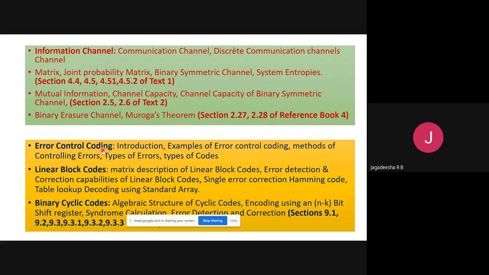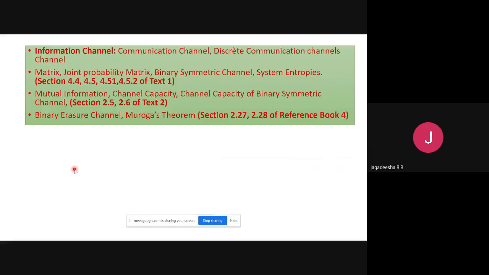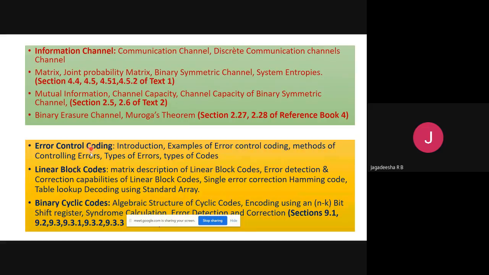In the second module, if you go back here, I used the word coding, source coding. And here I use error control coding, or in general, all these are called channel codings. When I say the word coding, this coding is done on the information when it is transmitted through the channel, because the channel may introduce some kind of noise.